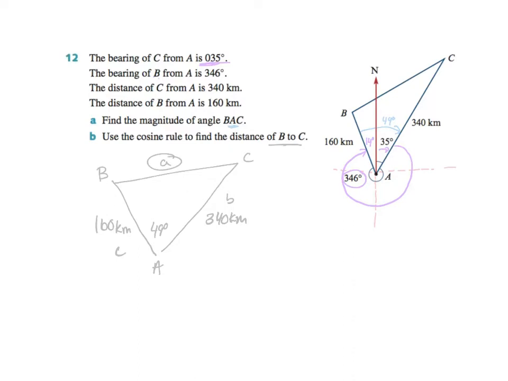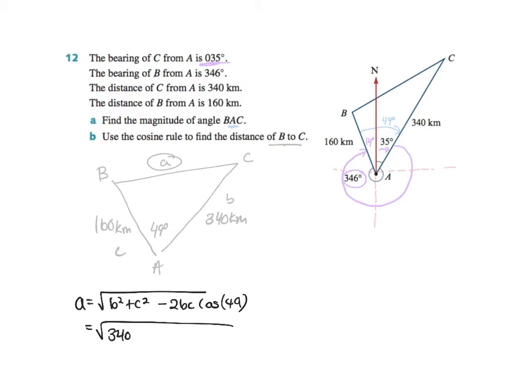We're going to use the cosine rule, which is a equals the square root of b squared plus c squared minus 2bc cos 49. And you've got all those pieces of information, so you can pop them in your calculator and do that. So that one was probably the easiest of the ones you've asked.